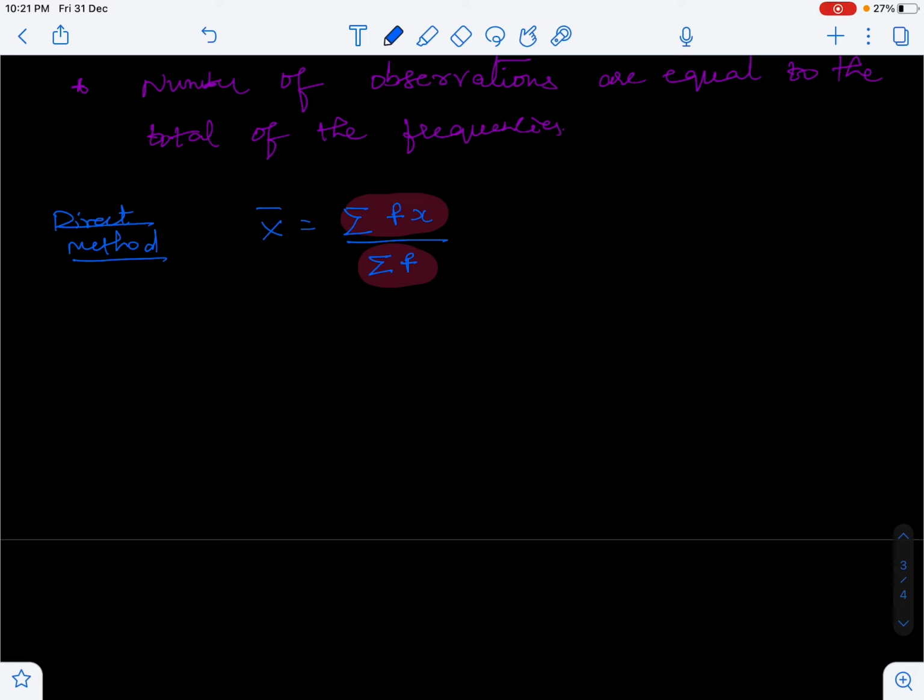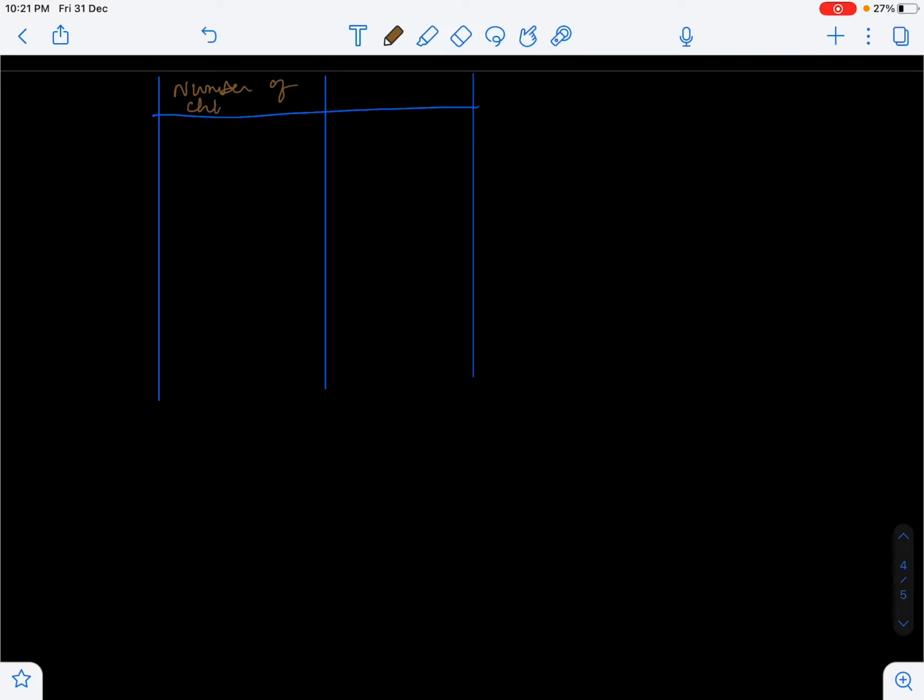If I take one example, let us say the number of chlorophyll deficient plants, and here the number of plants.